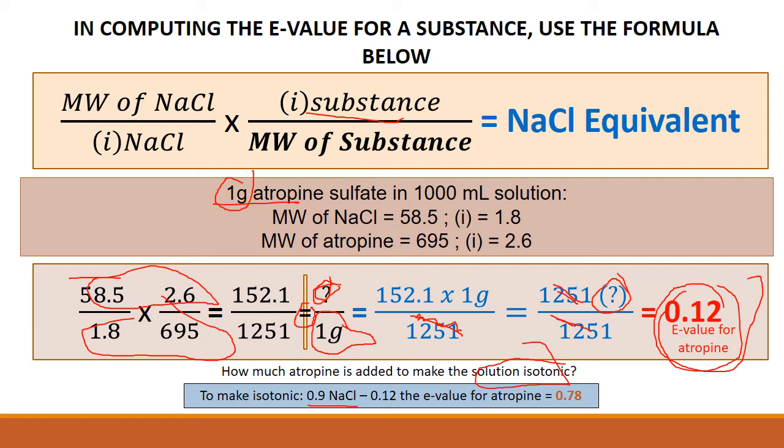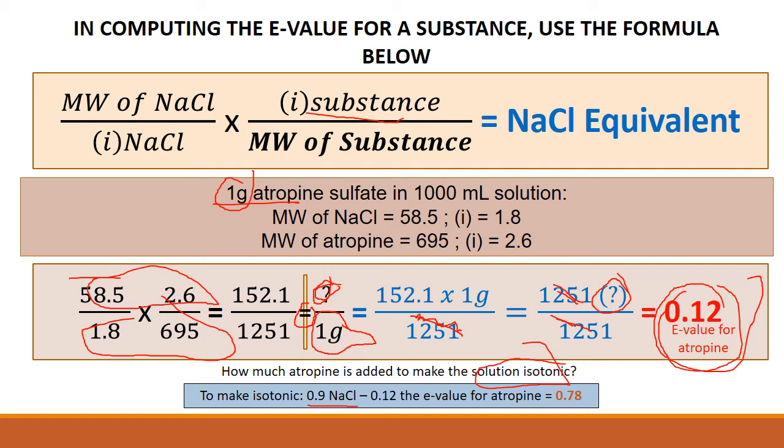So we have here the molecular weight of our sodium chloride and the dissociation factor of our sodium chloride times the Van 't Hoff factor or the dissociation factor of our substance. Remember, what changes is the dissociation factor of our substance and the molecular weight of our substance, but all the others are constant for our sodium chloride.